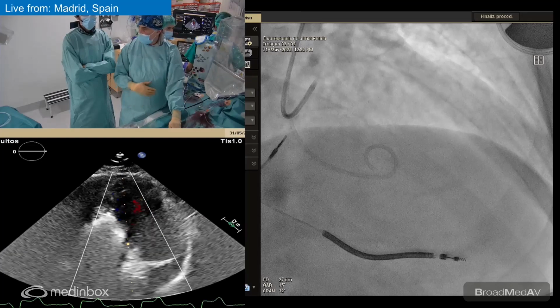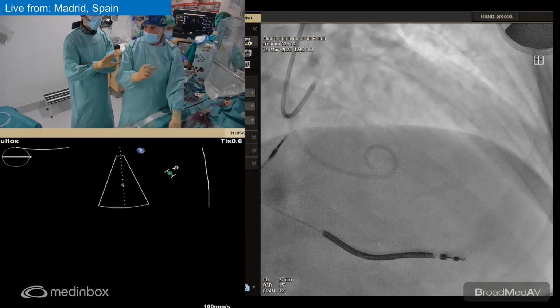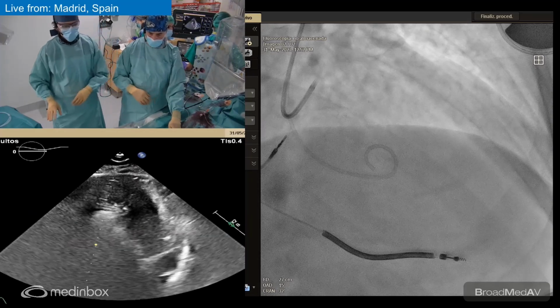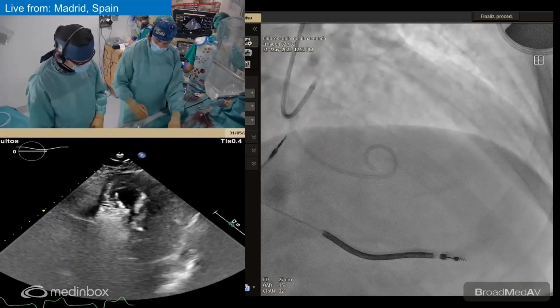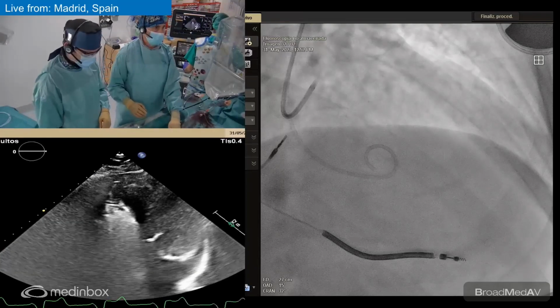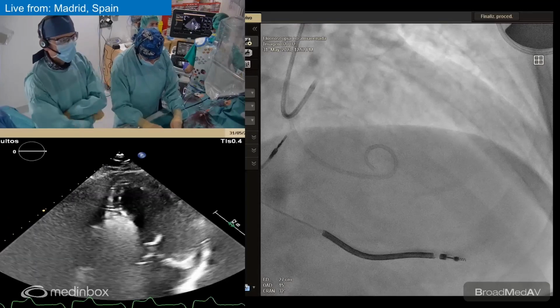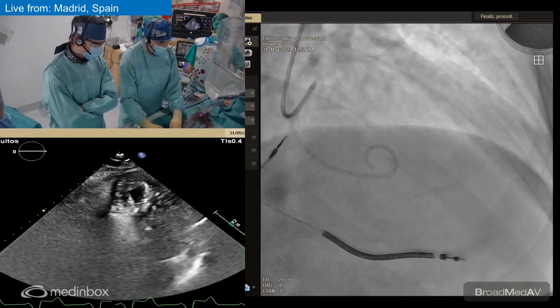I think 1cc is not a problem to inject. In the echo, I don't see any white image outside the septum. So we can go with contrast, just to check, in a small syringe, if there is any collateral flow. And if not, we can go with 1cc.